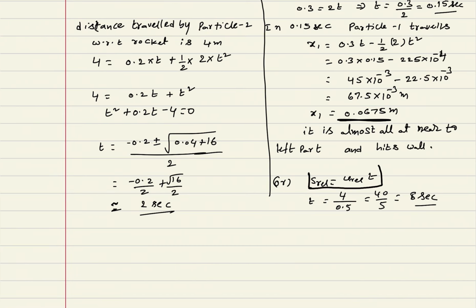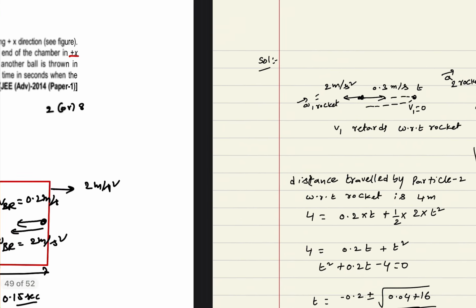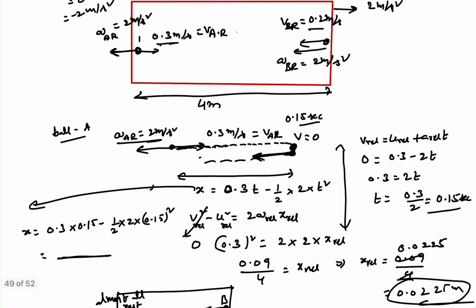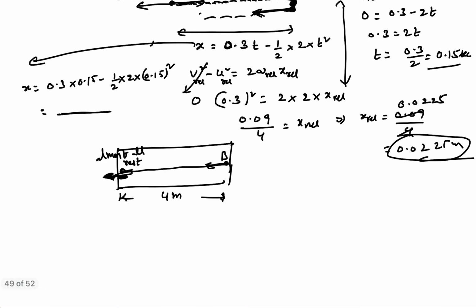You can see in the first case I am getting S relative is equal to U relative into time taken t. The reason is almost all the ball is there only. So you can write t is equal to S relative divided by U relative, where S relative is 4, and U relative value is equal to how much? U relative is 0.5, and 0.2 is there, no. Now you can see what the total distance is. We can see both are moving in opposite directions.